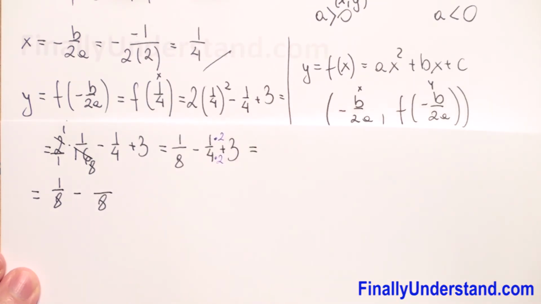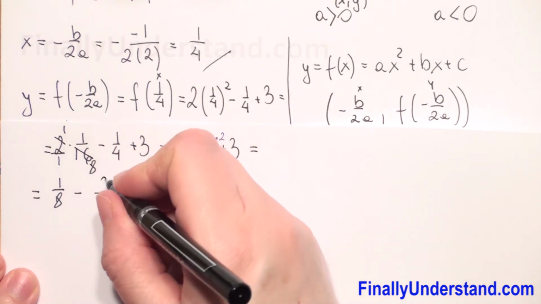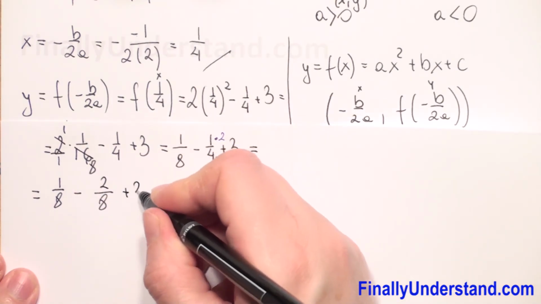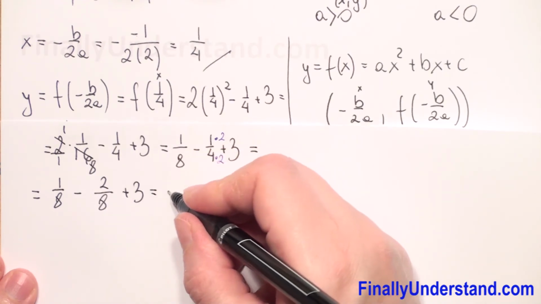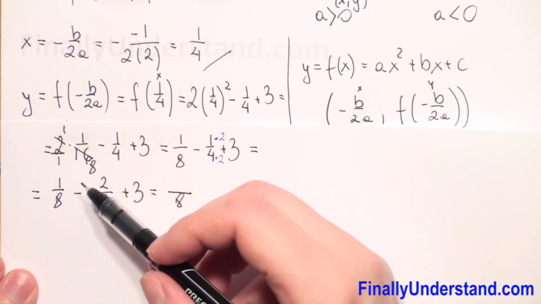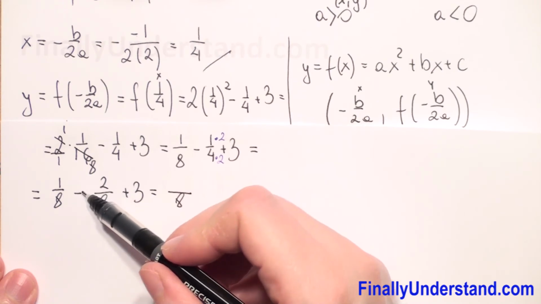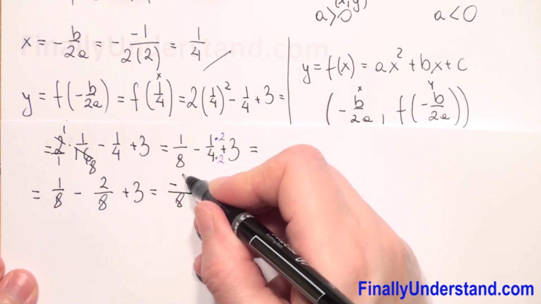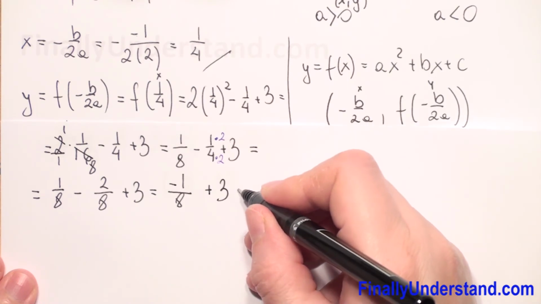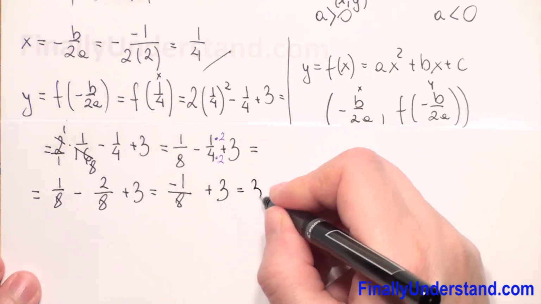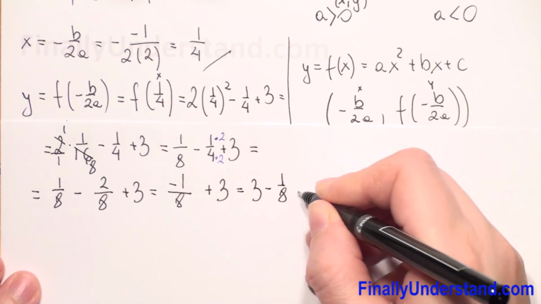So 1 times 2 will be 2, and we have plus 3. So this is equal, and now when we have the same denominators, we copy the denominator and we can do subtraction. 1 minus 2 is negative 1, and we have plus 3. So this is equal. We have 3 minus 1 over 8.